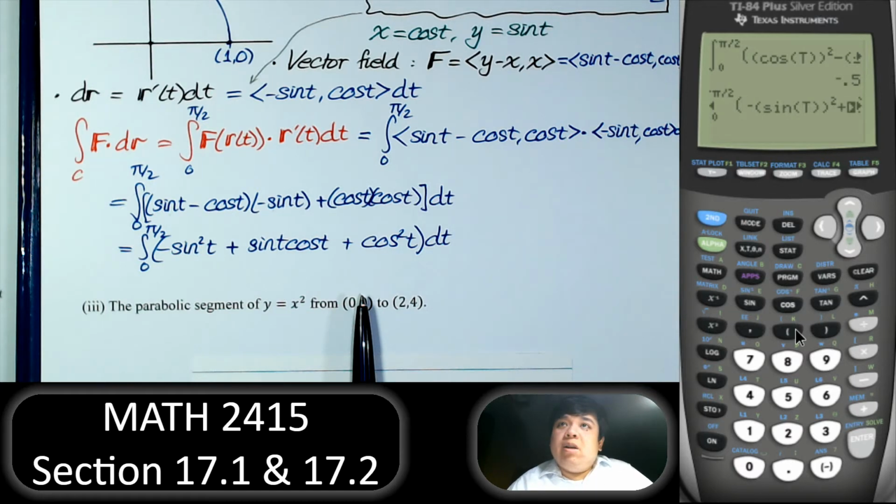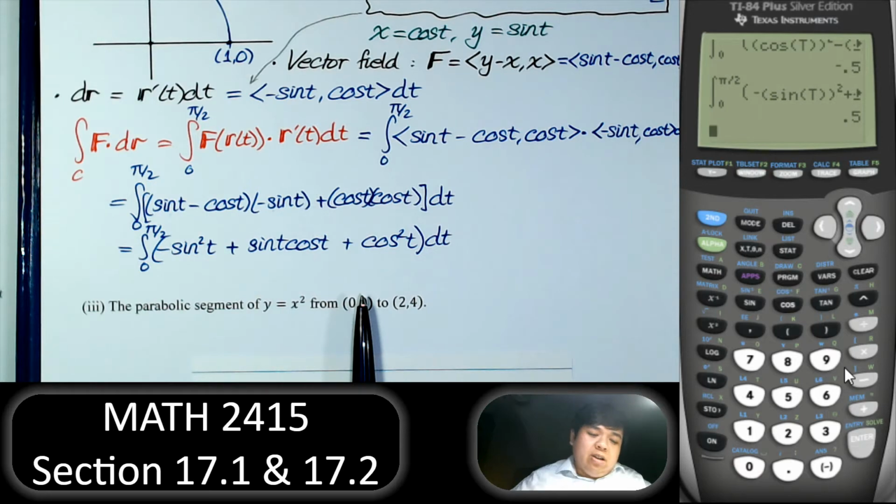Negative sine squared t plus sine t cosine t, and then plus cosine squared t, dt. So that gives us 1/2.